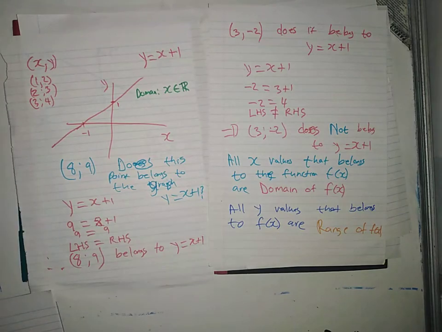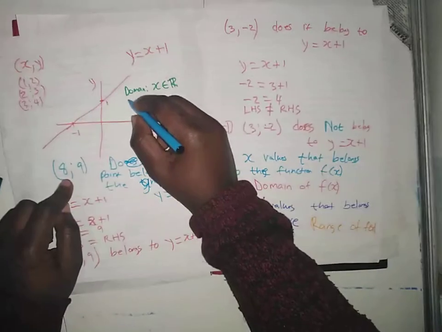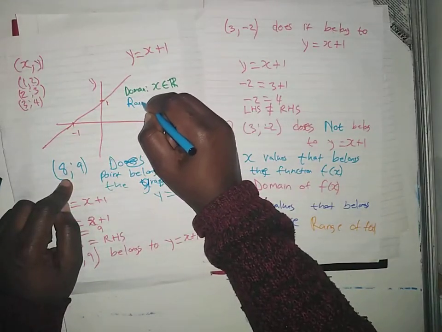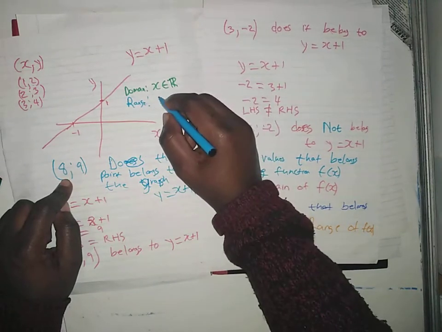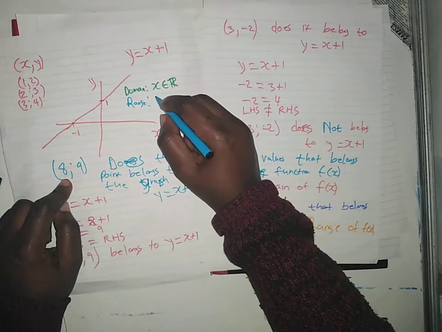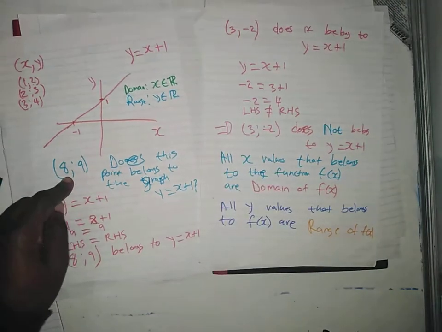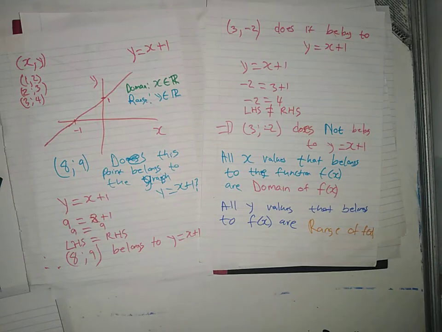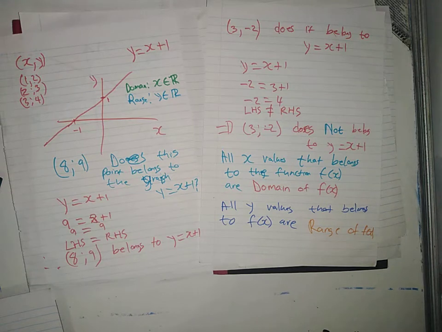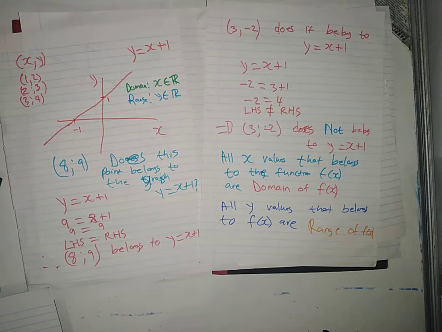So the range of this function is y is an element of real numbers, which is the same way of saying all values of y can touch this graph. So this was the domain and the range of a linear function.